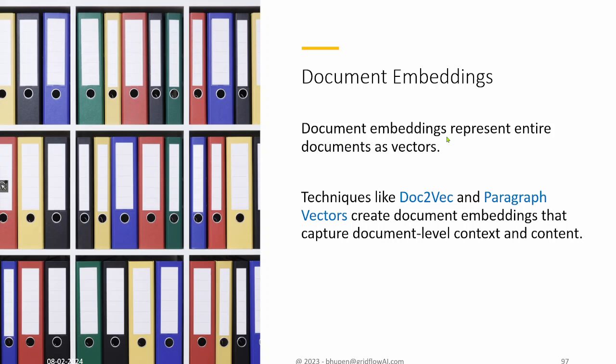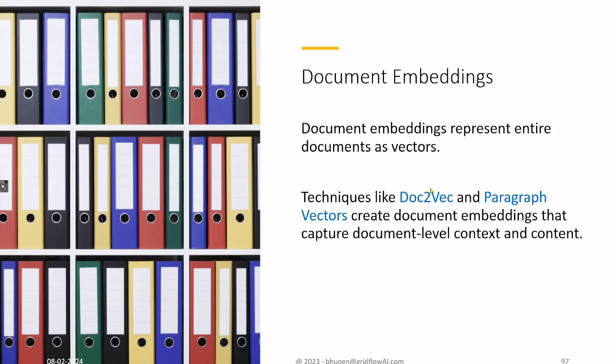So document embeddings represent the entire document. For example, one paragraph of 10 sentences. Then the vector representation for all the 10 sentences in the paragraph would be the representation that we are talking about.